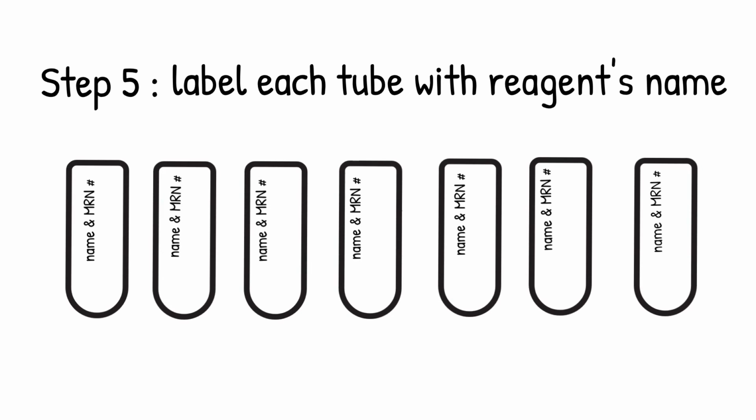The first tube is labeled anti-A, the second tube anti-B, the third tube anti-A,B. This is actually optional, but if you wish to do so, then in step 4 you will label 7 tubes. Tube 4, label D4. Tube 5, label D5. Tube 6, label A1 cell. Tube 7, label B cell.